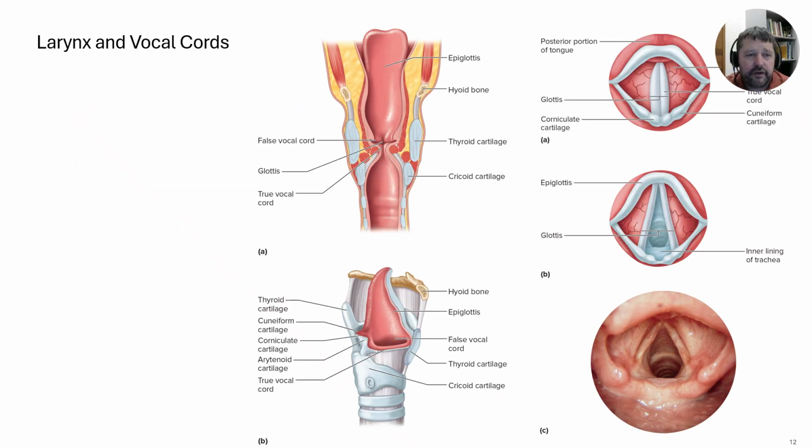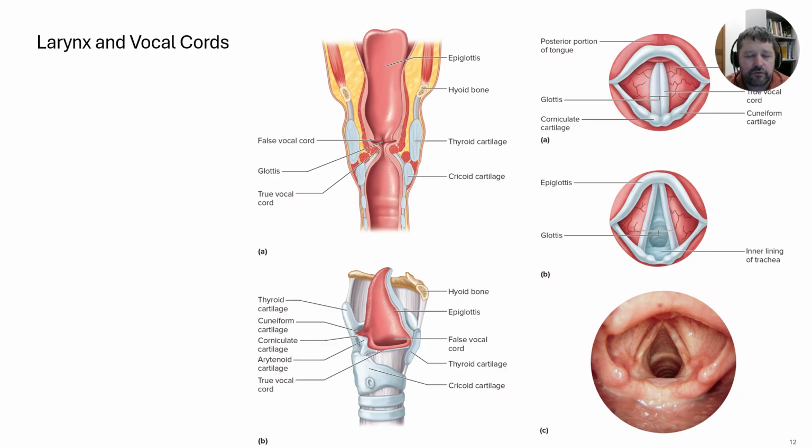So here you can see those false vocal cords. They're a component of muscle and connective tissue that stabilizes the true vocal cords. And the true vocal cords are these cords that are part of closing off that opening, or the glottis.